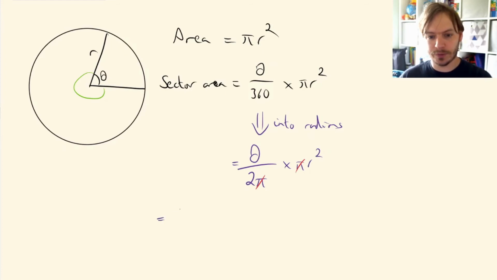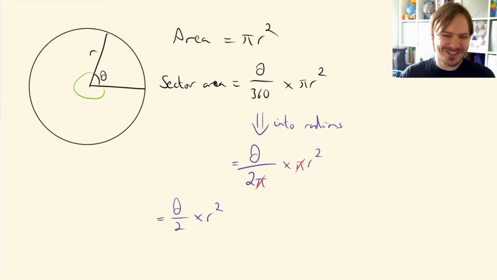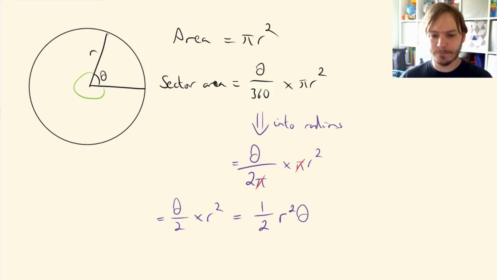So what we end up with is theta over 2 times r squared, much simpler. And this is usually tidied up slightly, so you will more commonly see this written as half r squared theta, and this is the area of a sector when you're working in radians, when your angle is in radians.